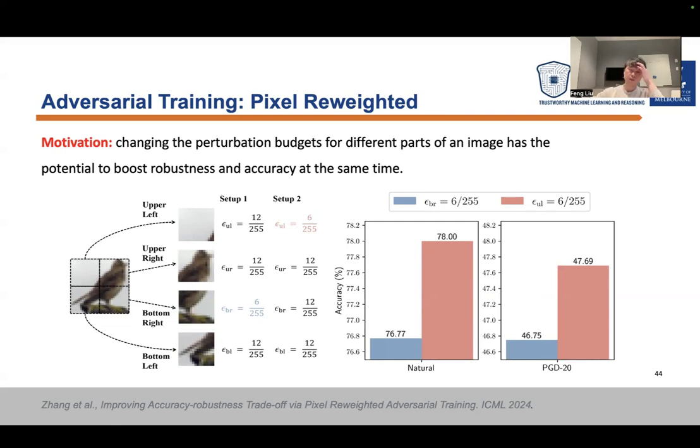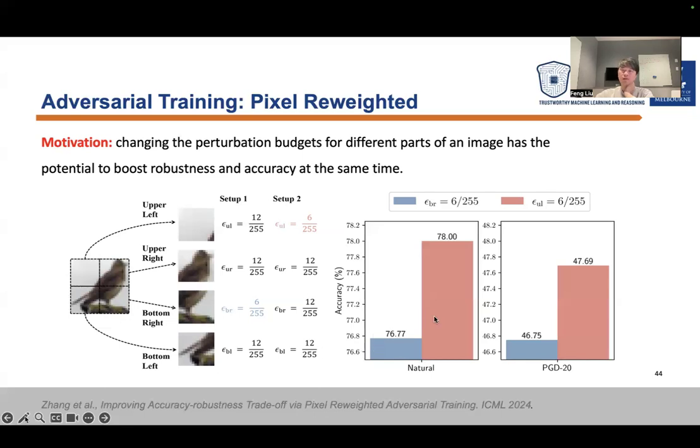For example, in setup one, for the bottom right we give a perturbation budget of 6 over 255, and for setup two, we give the upper left 6 over 255. You can see the overall perturbation budget is the same.